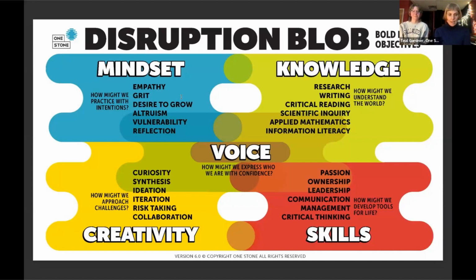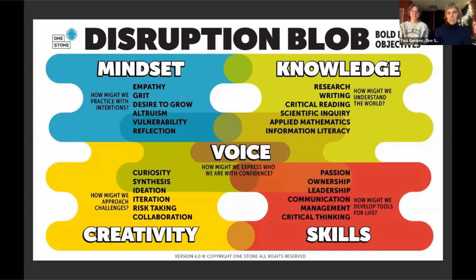So oftentimes in the art experiences that I'm coaching, students will be setting goals within creativity. They might write a goal about curiosity, like Sophia probably has done, being a curious person and wanting to grow in that.